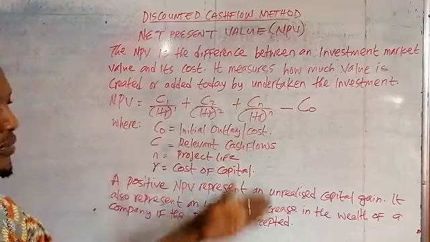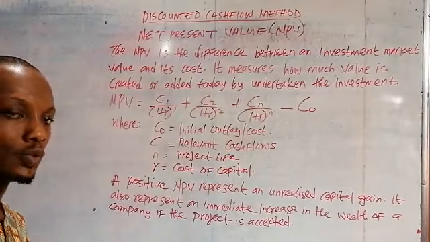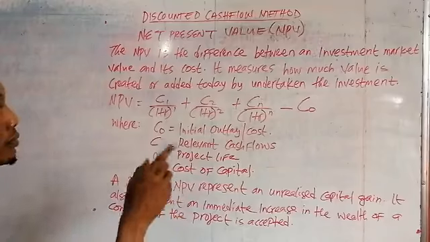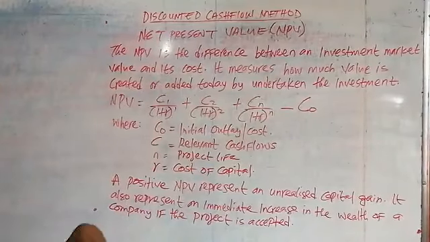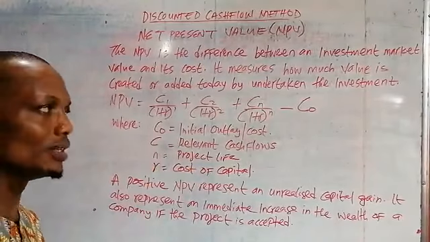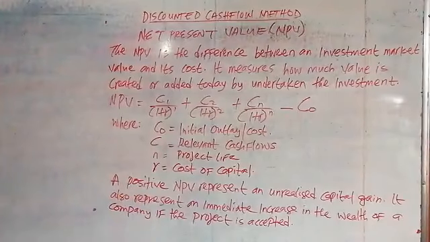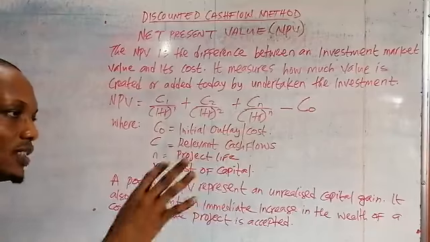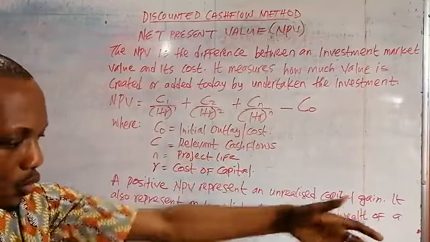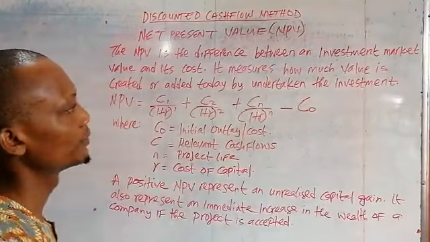All this cash flow, we now discount to its present value. From there, you accumulate it and deduct your initial cost, as simple as that. From there, you have your net present value. At this point, it will tell you whether the investment is worthwhile or not, based on the cash flow you are going to receive from the investment.